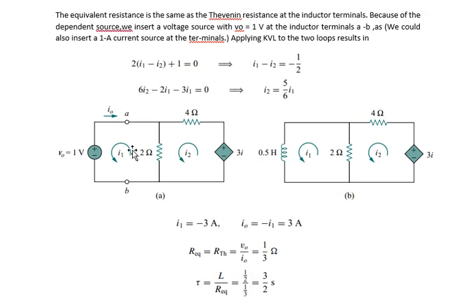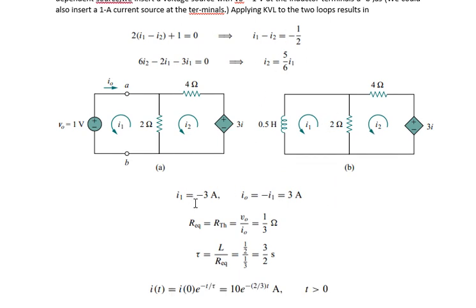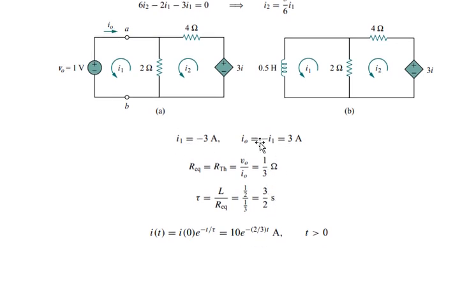We perform here a KVL method, I1 and I2. Okay, so we generate this equation here. Okay, then we now have this I1 equals negative 3 ampere and I sub O, which is equal to negative I1, no? Kasi nga I1 tayo dito, so opposite sila ng I sub O. So that's why I sub O equals negative I1 equals 3 ampere.